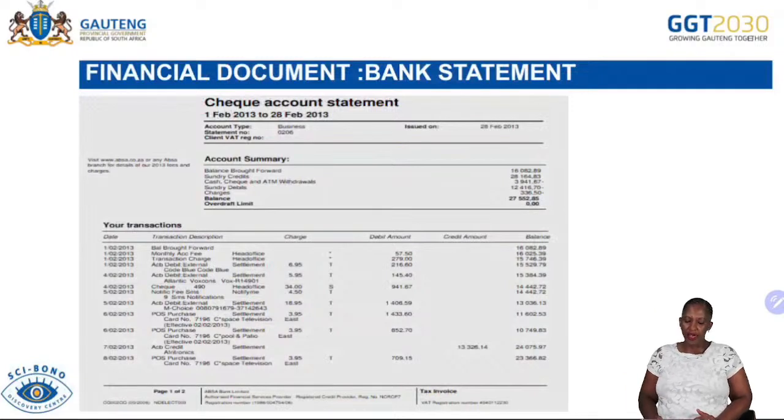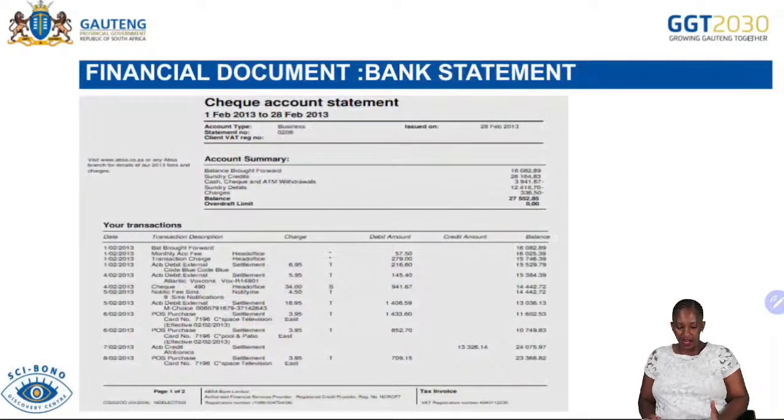And then we also have the bank statement. Here is just an example of a cheque account statement. It shows the period. It is from when? From the 1st of February 2013 to 28th February 2013.